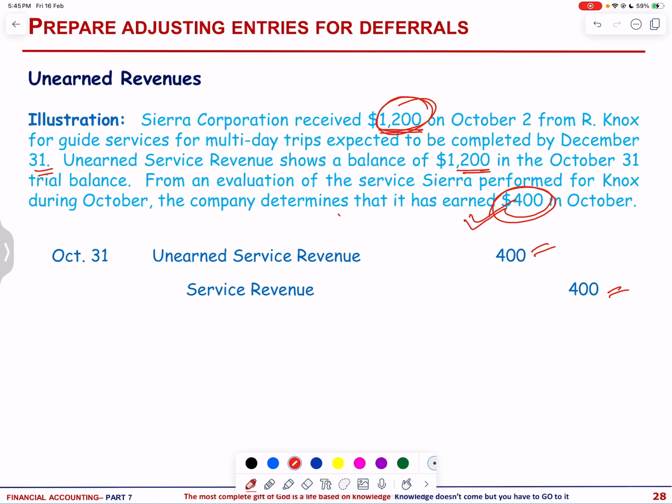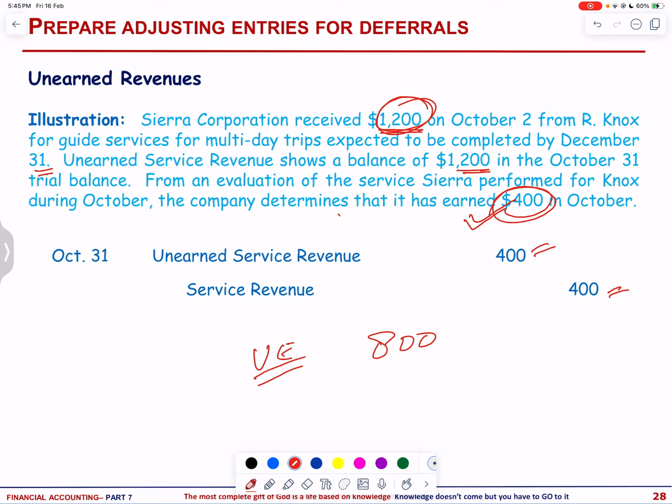So unearned service revenue is debit and service revenue is credit. So now the adjusted unearned service revenue will be 1200 minus 400, 800. So unearned service revenue on 31st October should be 800 and not 1200, representing future guide services.